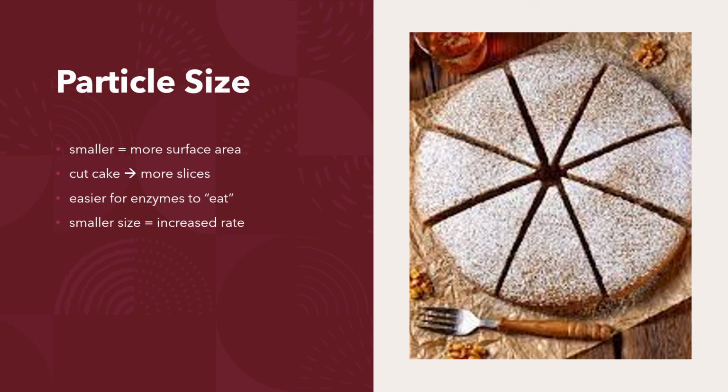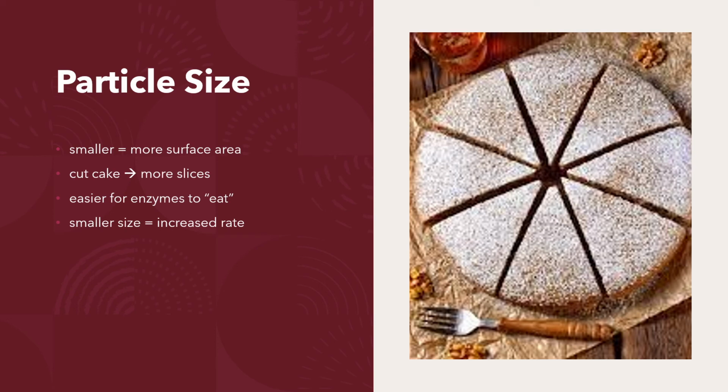Now, if you cut this particle up into smaller pieces, if we've sliced our cake, there's more surface area for enzymes to eat, right? Because now each enzyme can pick up its slice of cake and eat it from any direction that it wants. This means that the smaller the size of the particle, the higher the rate of reaction.